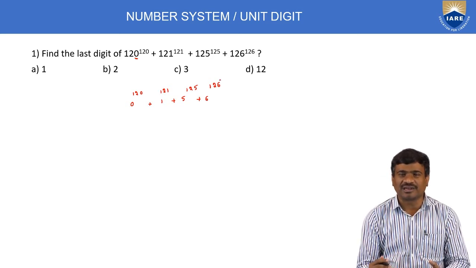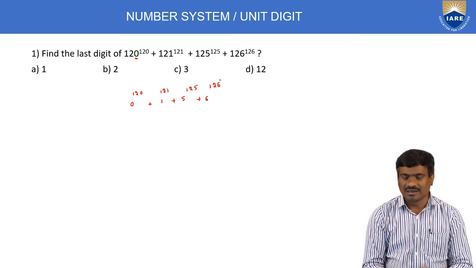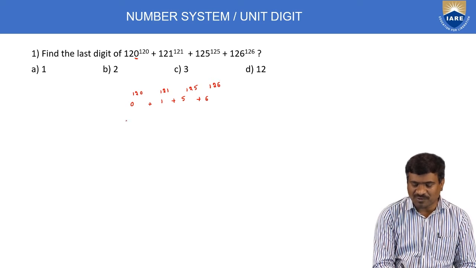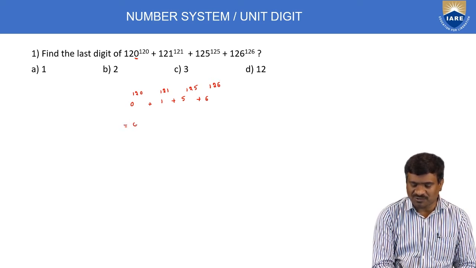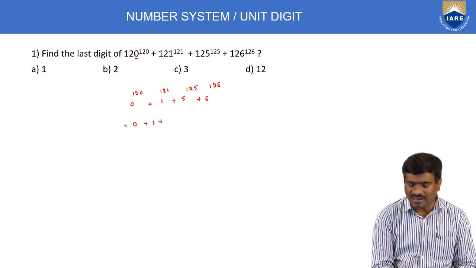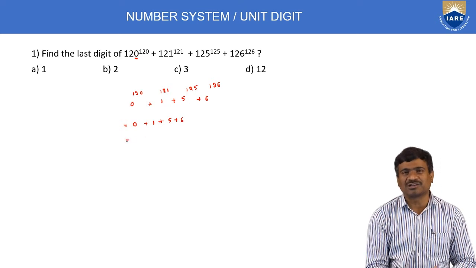First calculate each unit digit. 0 to the power of anything is 0. 1 to the power of anything is 1. 5 to the power of anything is 5. 6 to the power of anything is 6.